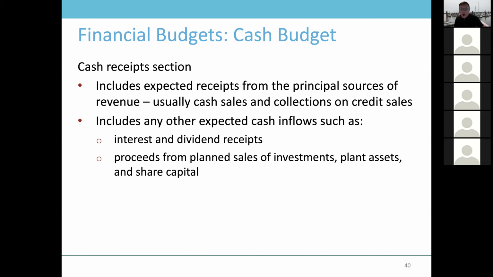Or if they sell their long-term assets, if they sell their investment or their PPE, property, plant, and equipment, they may receive cash. So this is all about cash inflows. It can be from the customers, from the buyers, whoever buys your asset.